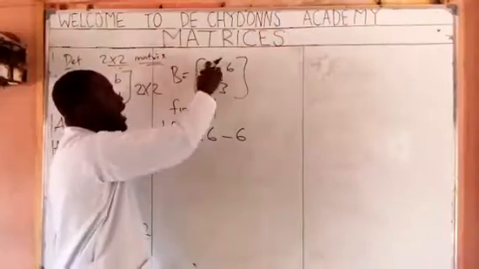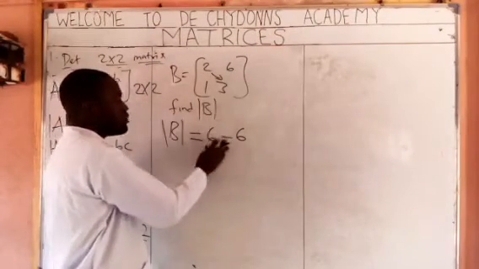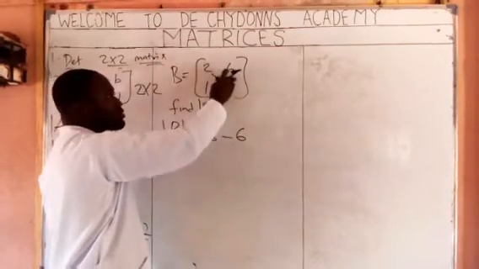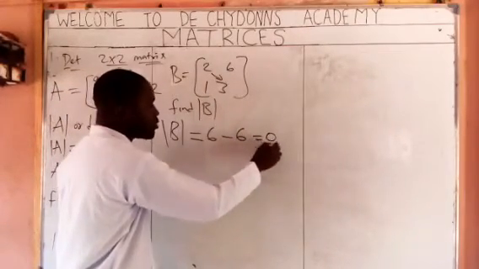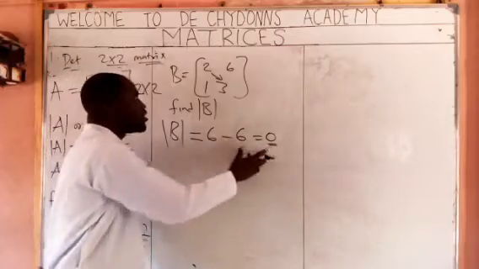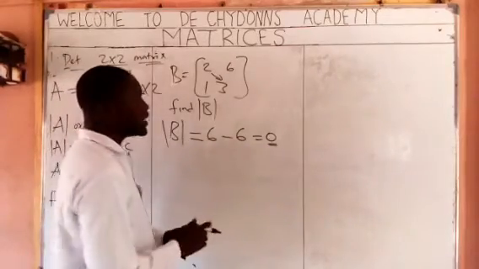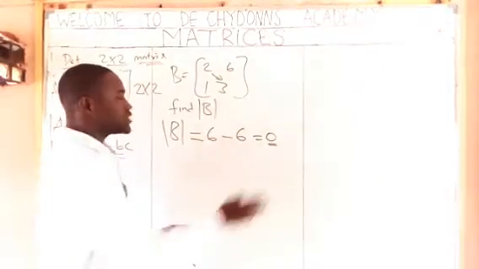Get the product of the diagonal elements, then write minus, then get the product of the off-diagonal elements, and subtract. Since the determinant is 0, you say that it is a singular matrix, because the determinant is 0.